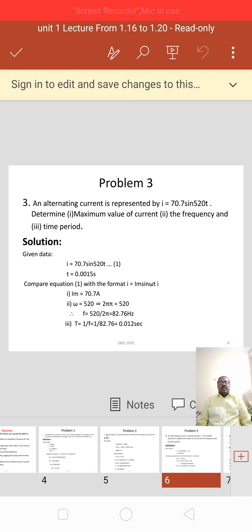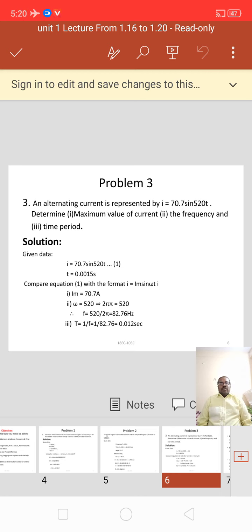We are comparing equation 1 with the format i equal to Im sin omega t. From the format and the given equation 1, the Im value, that is the maximum value of current, equals 70.7 amperes. Second, omega equal to 520, and omega equal to 2 pi f, so f equal to 520 by 2 pi, that equals 82.76 hertz.